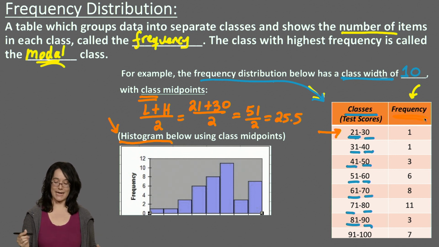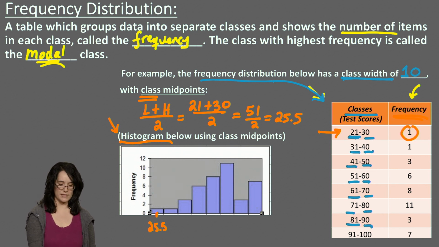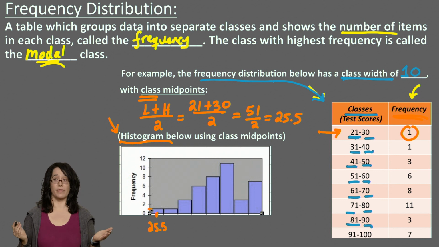And each class could be represented by its midpoint. So the first class, 21 to 30, would be represented by its midpoint of 25.5. Okay, that would be the midpoint of that bar, okay? And its height would have a frequency of 1, which in this case you can see appears to be in the right spot. It's the height of my bar.